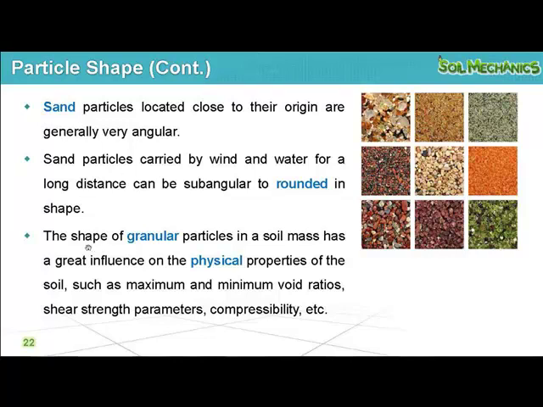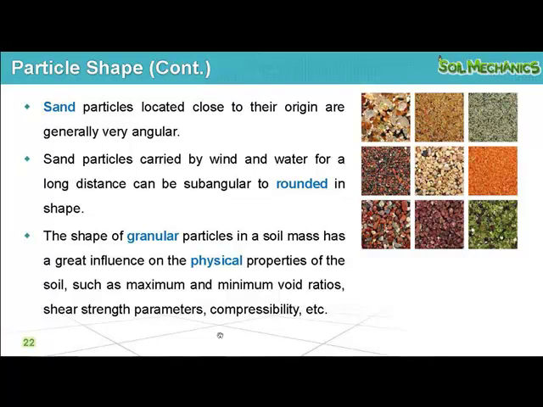The shape of granular particles in a soil mass has a great influence on the physical properties of the soil, such as maximum and minimum void ratio, the shear strength parameter, compressibility, and so on.